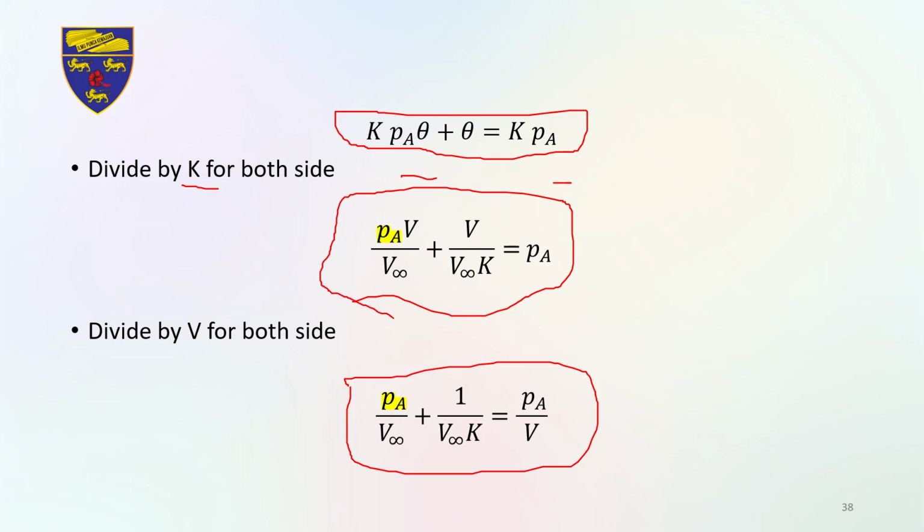At the same time, we also need to replace theta with V over V infinity. So we have this, which represents theta. Next, we divide both sides by V. After we divide by V, we get the final equation, which is a linear equation.